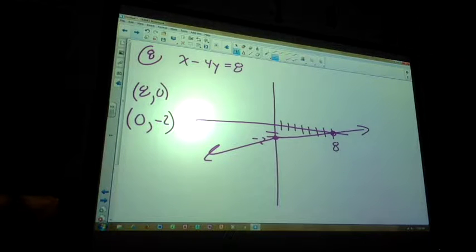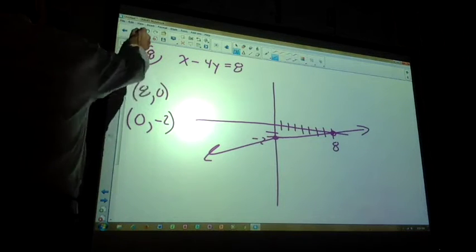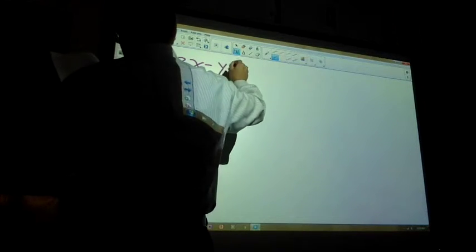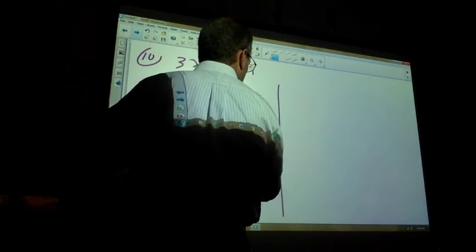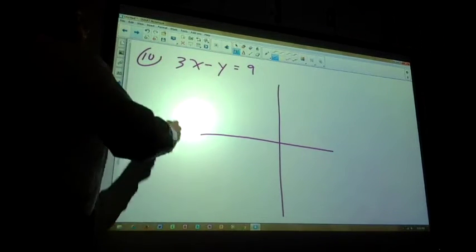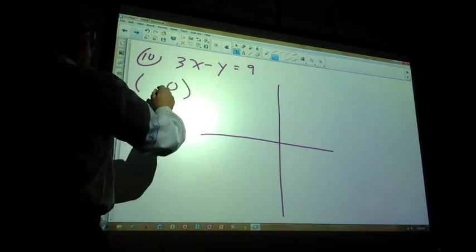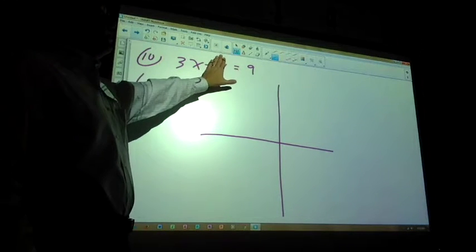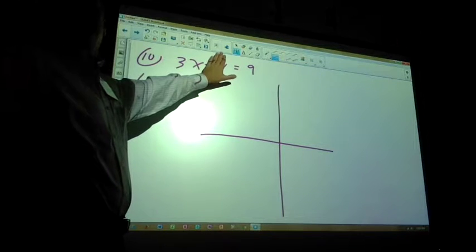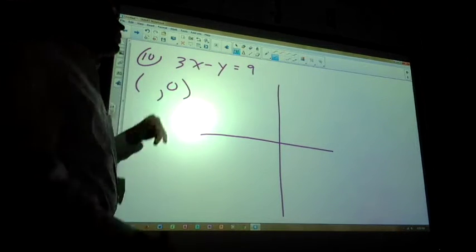All right, here's another cover. Watch. If I cover the y, that means my y value is going to be 0. Does that much verbiage make sense? 3 times x equals 9, so what's x equal to? 3.